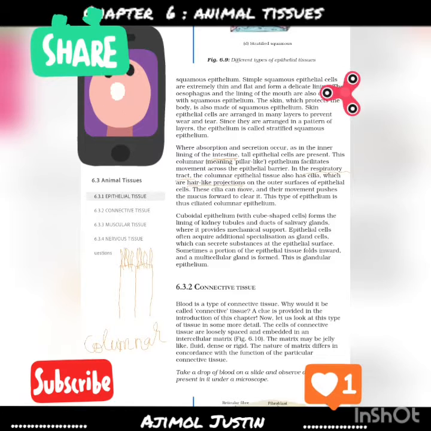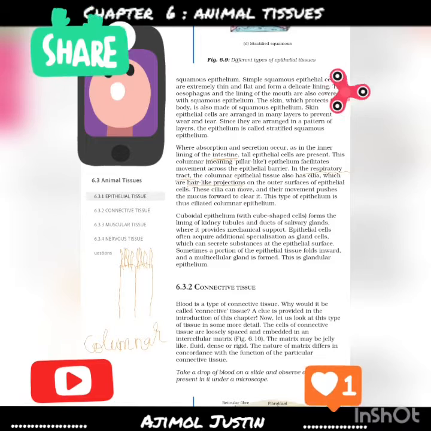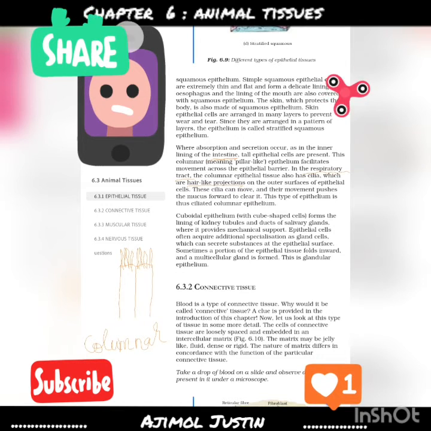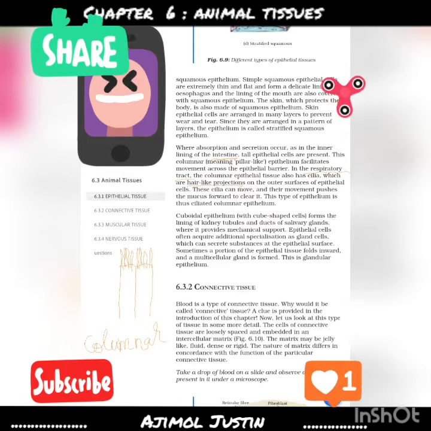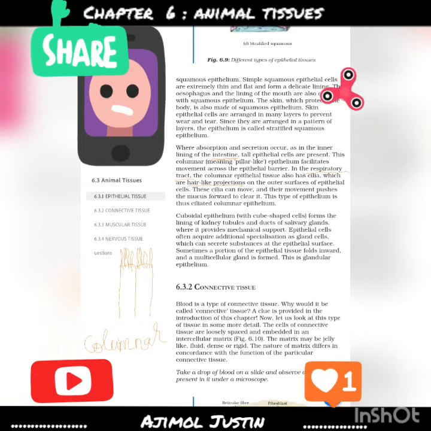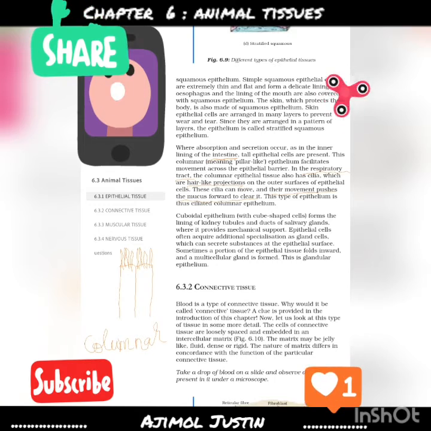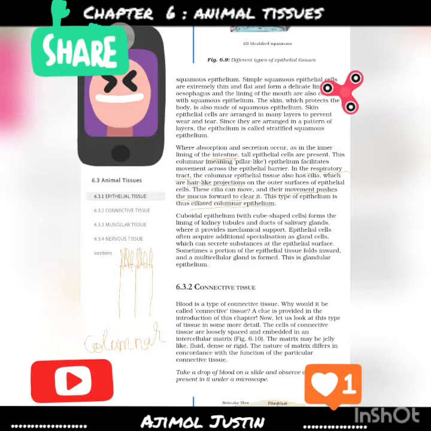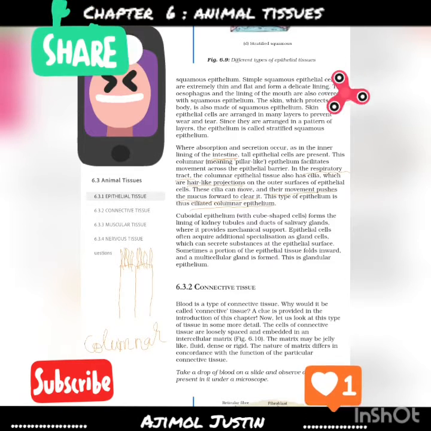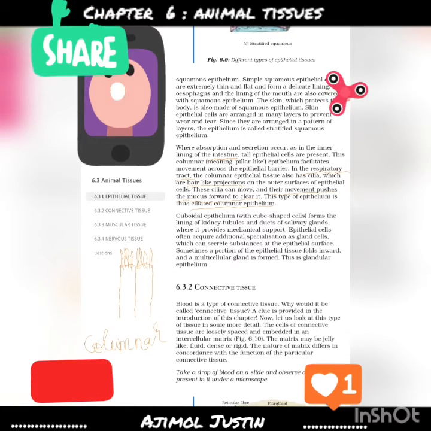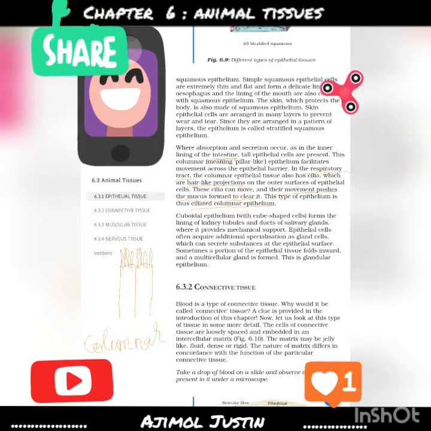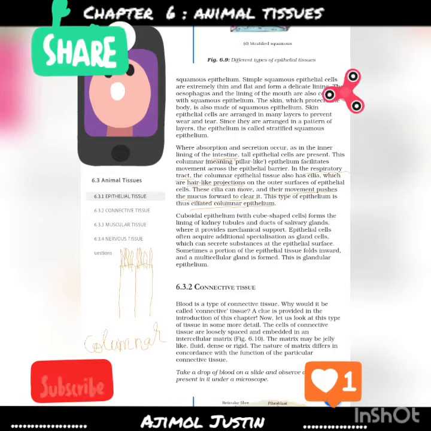And what is the function of these cells? They help in movement in the respiratory tract. Their movement pushes the mucus forward to clear it. Since cilia are present, this type of columnar epithelium is called ciliated columnar epithelium.